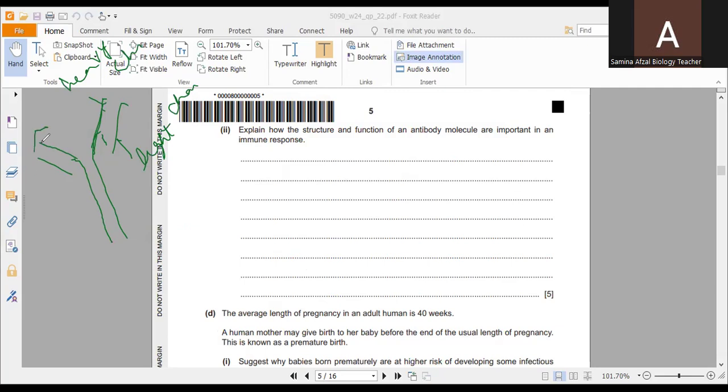And on both sides, this region is called the antigen binding site. So these 4 chains are joined with one another with disulfide bonds.